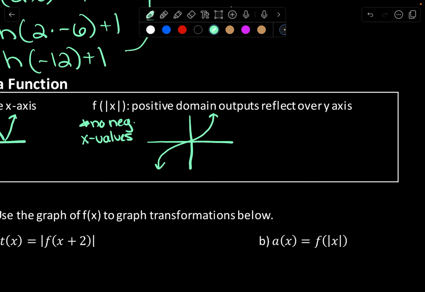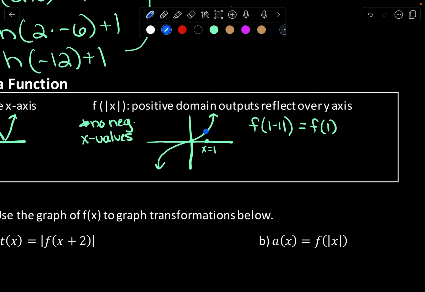So let's take a look at this. If I say I have f of the absolute value of -1, I am applying the absolute value to the input, which means now instead of -1, I am going to use f of 1. I want the output that is occurring at x equals 1, which is going to be here.